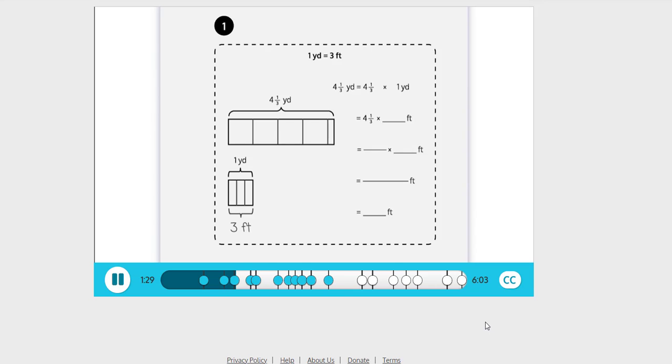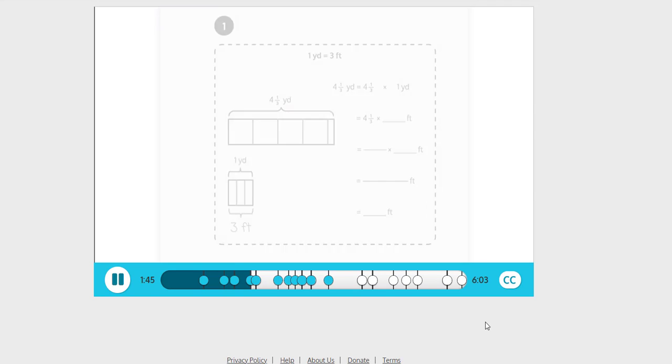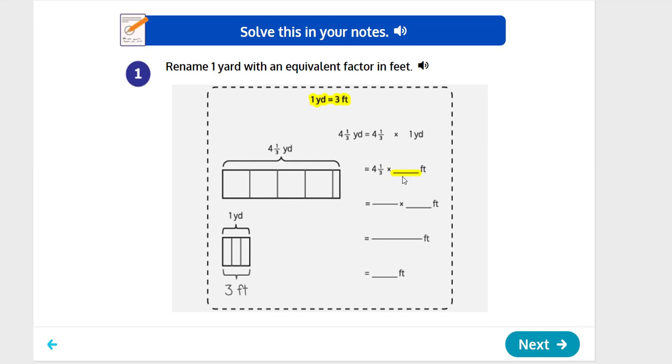Our 2 factors are 4 1/3 and 1 yard. To convert 4 1/3 yards to feet, let's replace this factor with an equivalent factor in feet. There are 3 feet in 1 yard, so rename 1 yard as 3 feet. Okay, so in that space, what do you think we need to write?